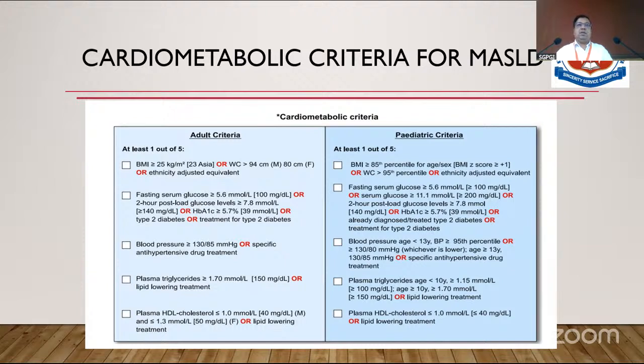Fifth is HDL. HDL is less than 50 for females and less than 40 for males. So out of these 5 criteria, if one criterion is present, then the patient is considered to be having MASLD, if he or she is having ultrasound finding or biopsy showing steatosis.